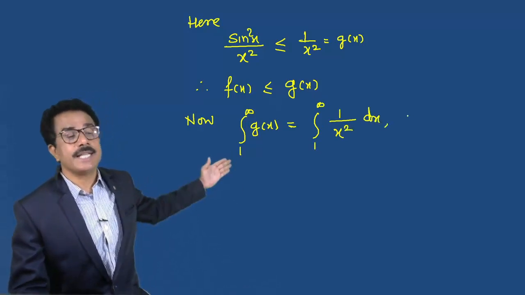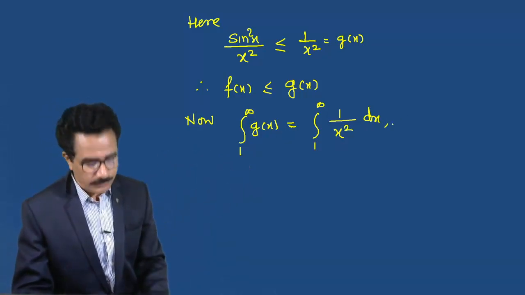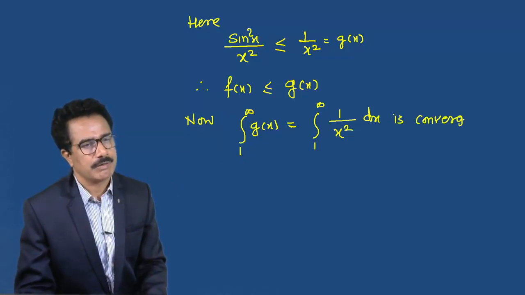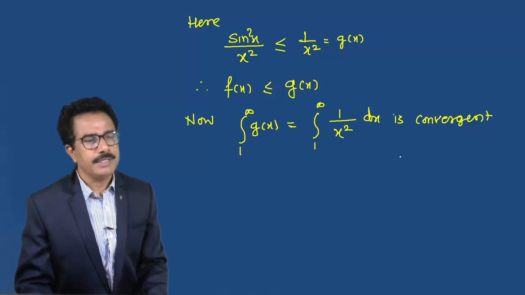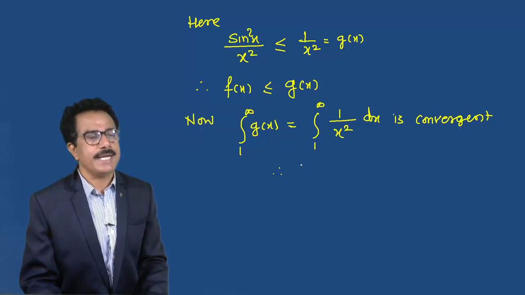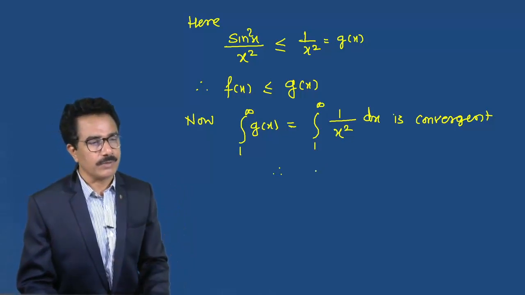Here n is greater than 1. Then by the useful integral, it is convergent. Therefore, we can write that 1 upon x square is convergent.